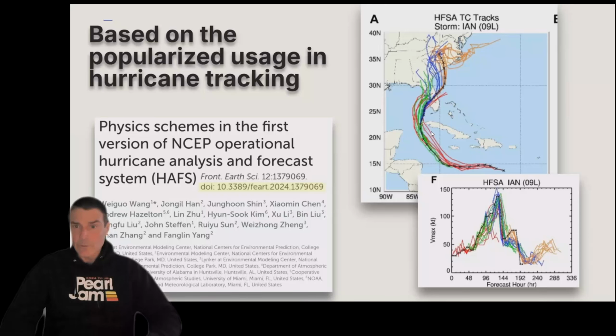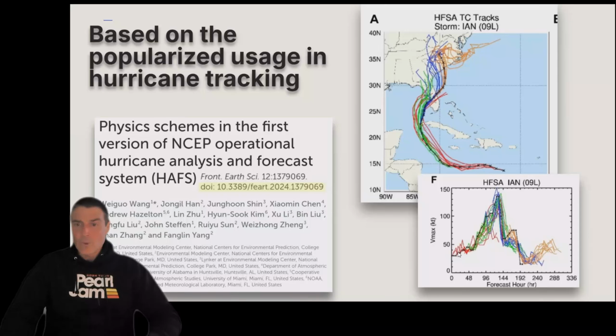We've all seen these plots. When all the models are in agreement with the track, that gives us some idea of certainty in the track. When you get further out in time in the forecast and the spread between the model tracks grows, that gives us a sense of uncertainty in the track of the hurricane.